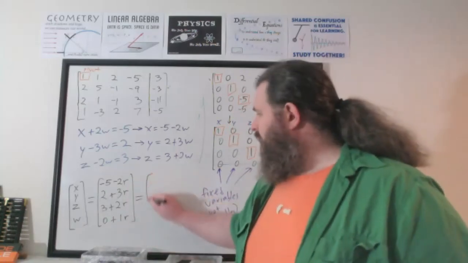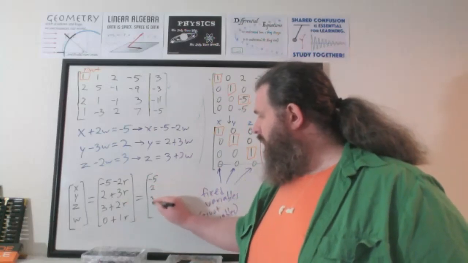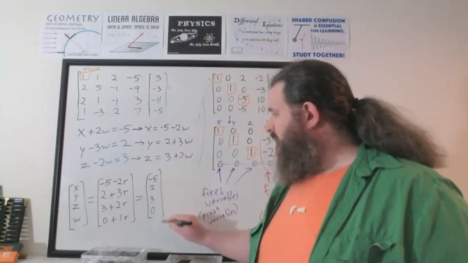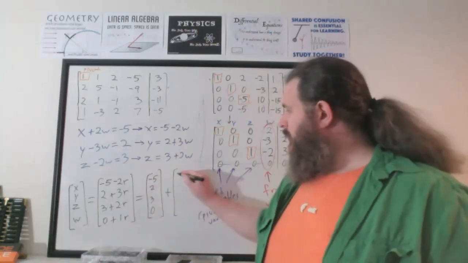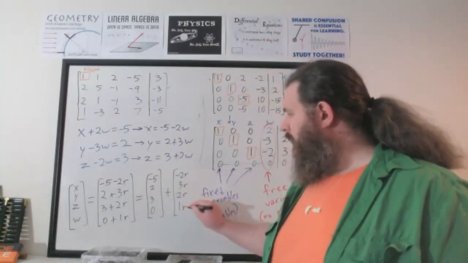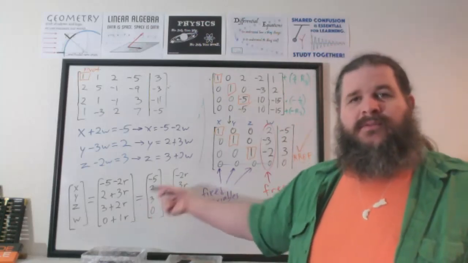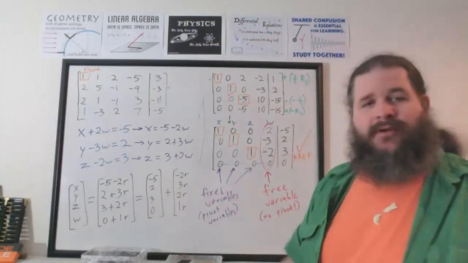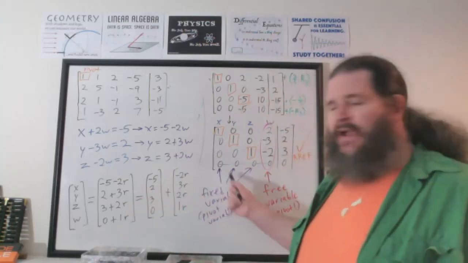We could write this as the constant terms, -5, 2, 3, 0, as its own vector, plus the terms with r, -2r, 3r, 2r, 1r. Same thing, we just split it out into the constant terms in their own vector, plus the variable terms in their own vector. And if there were multiple free variables, we'd split it up into a vector for each free variable.